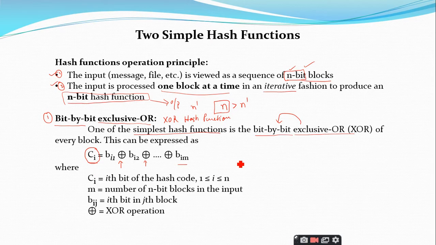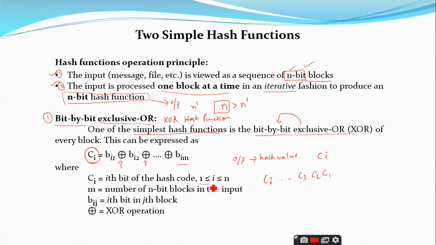That means the output, which is the hash value or hash code, is denoted by Ci. Ci is not the entire output. It is one bit inside this hash value. This is the ith bit. If I say C1, it is the first bit, C2 is the second bit, C3 is the third bit. Like that, Ci denotes the ith bit of the hash code.